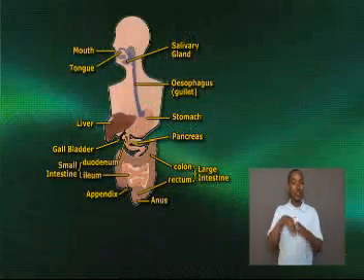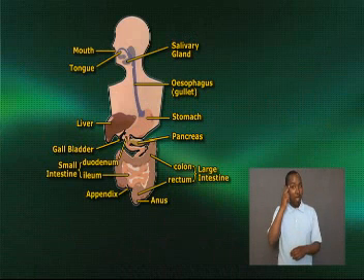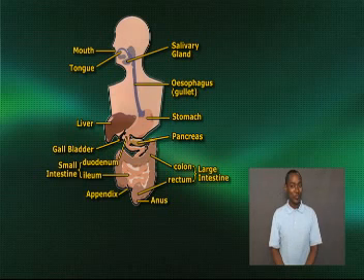Great job, everyone. Now, let us look at the parts of the body involved in the digestive system. If you will turn your attention to the diagram on the screen, you will see that there are many parts of the digestive system.